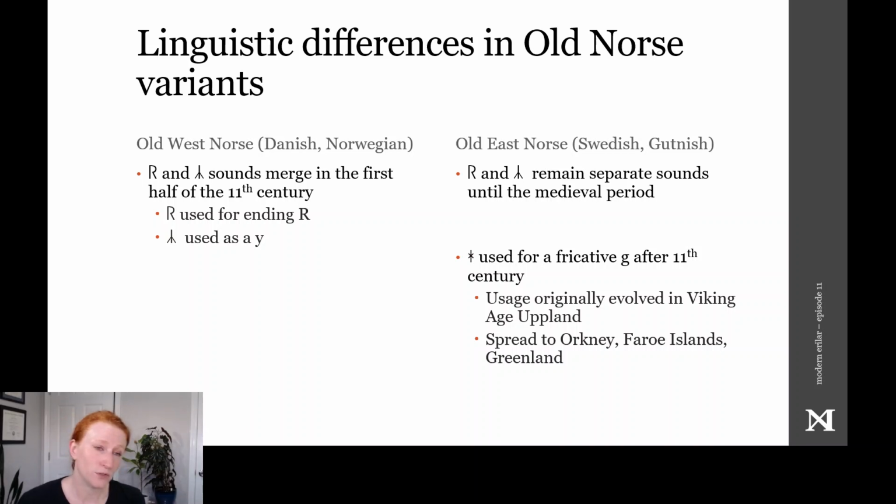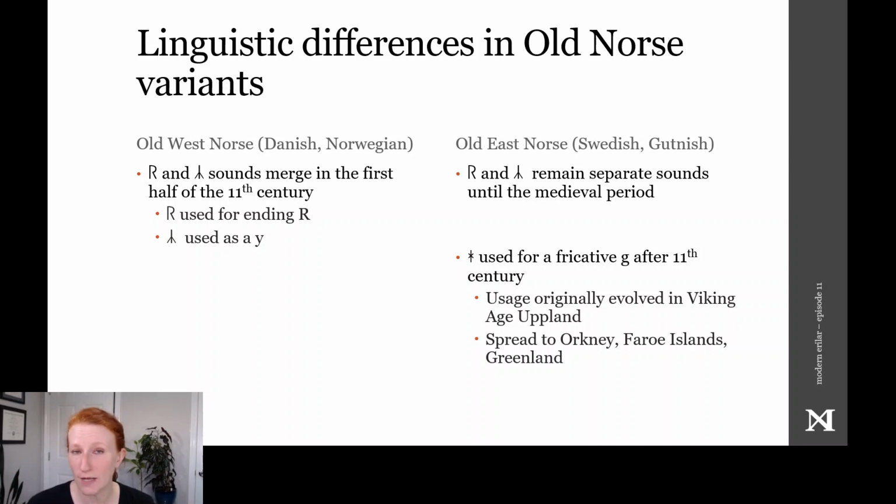Spurkland, in his doctoral dissertation, argued for it being a native development between Proto-Scandinavian and Old Norse, but no rune writers in Sweden used a star rune for a fricative G before the beginning of the 11th century.